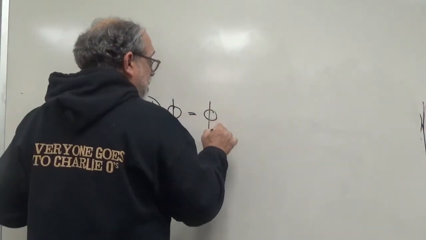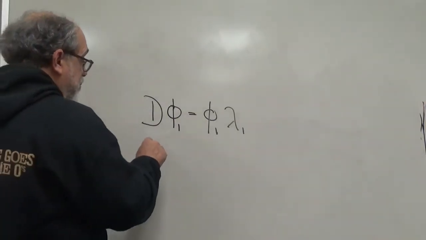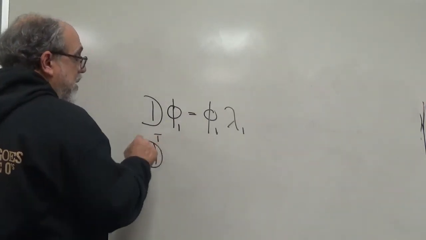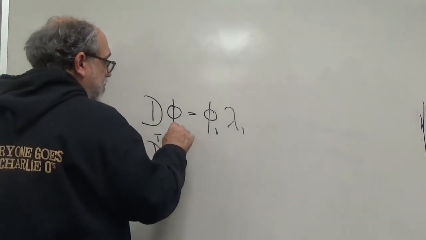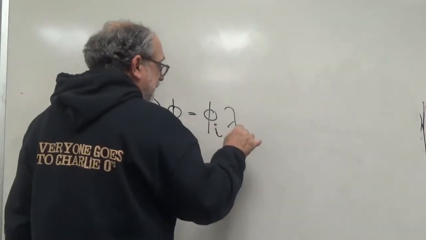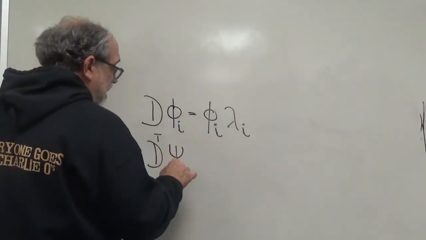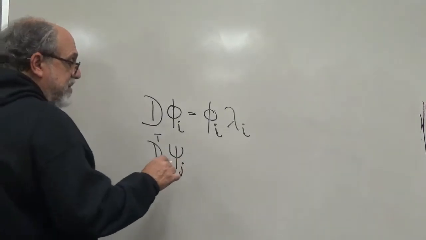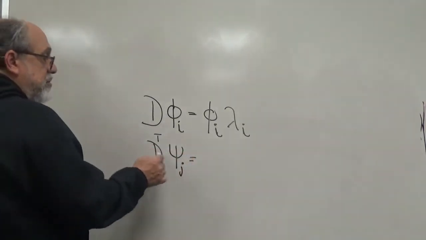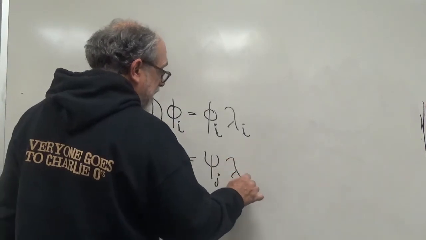That would give you this, right? Now let's say we consider the jth left side, which is the right side of the transpose. So then we have this times lambda j, right?